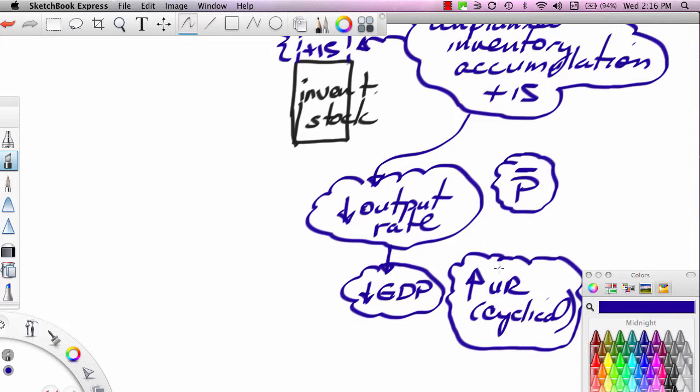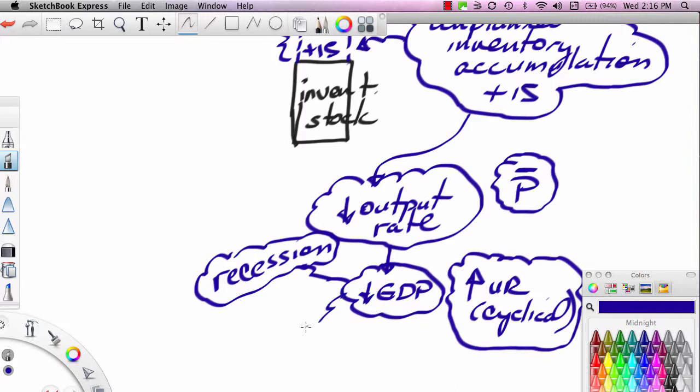This is recessionary. Weak demand in the current period is going to be recessionary in future periods. This is called a recession. If it's bad enough, it's called a depression. Okay? So falling GDP is the outcome. This is not current GDP here. This is future.